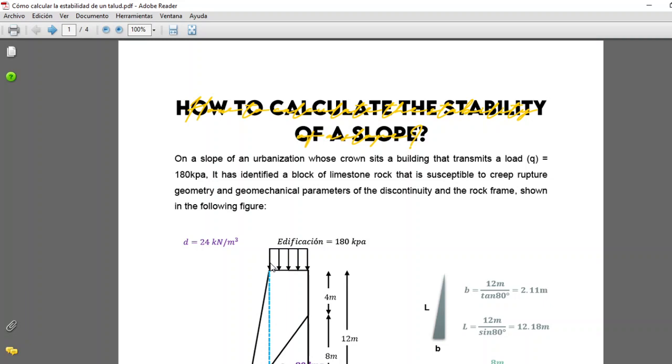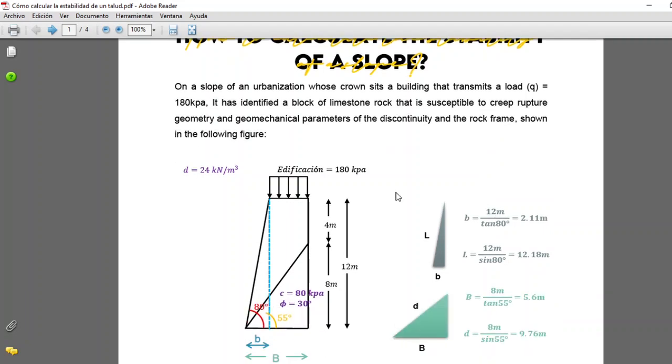The example says: on a slope of an organization, whose crown sits a building that loads 180 kPa, it has identified a block of limestone rock that is susceptible to creep rupture. The geometry and mechanical parameters of discontinuity and the rock are shown in the following figure.